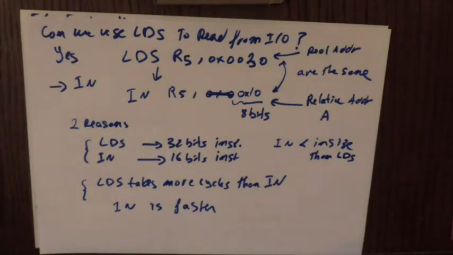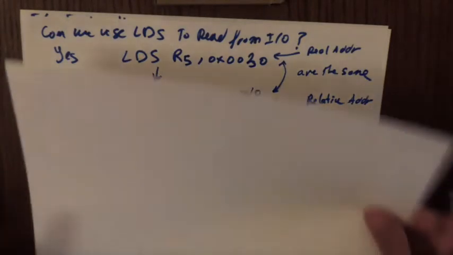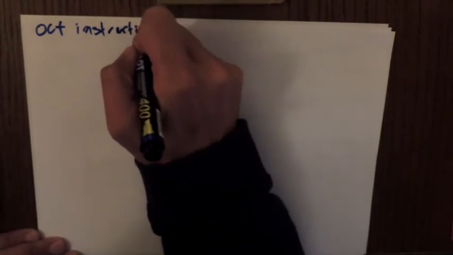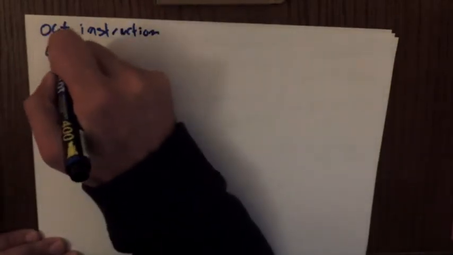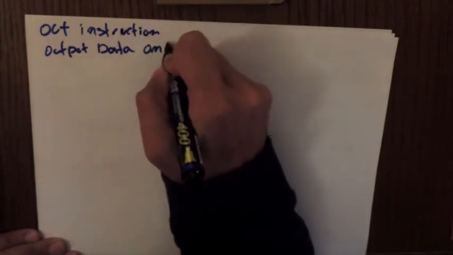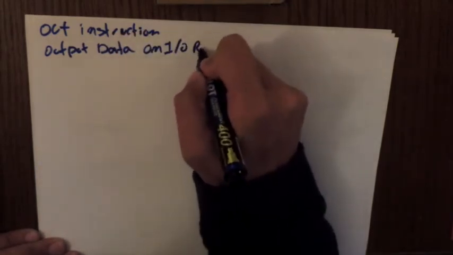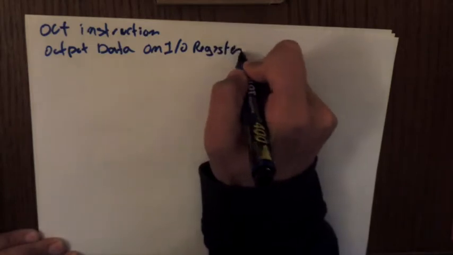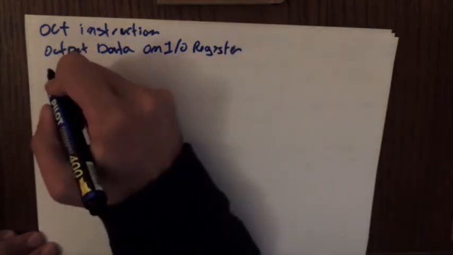Now, of course, as we have LDS and STS, we have also the OUT instruction, which has similar operation to that of the STS instruction. So the OUT instruction outputs data on IO registers. Of course, it uses relative addressing in the same way IN does.